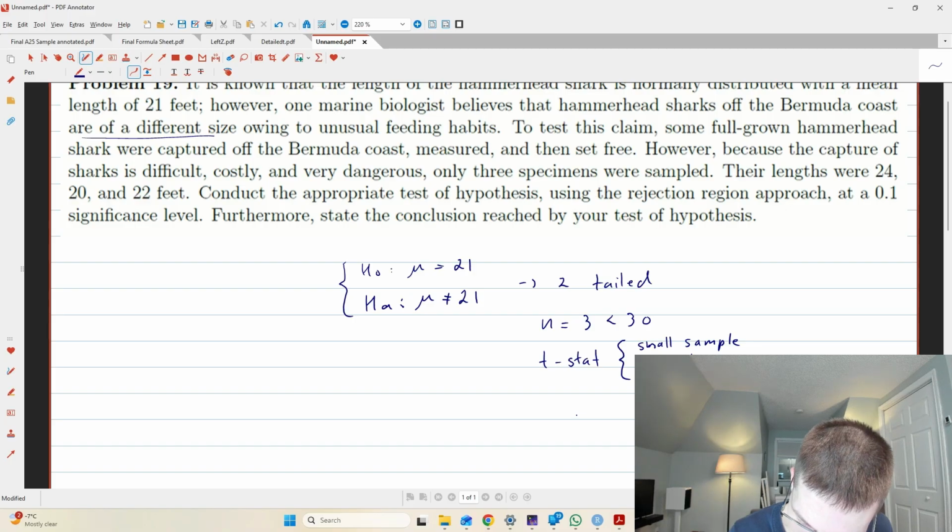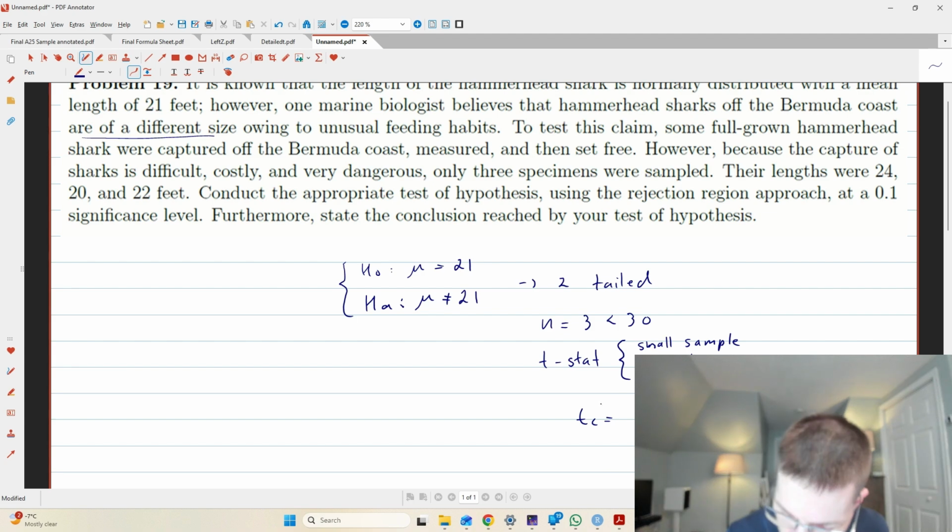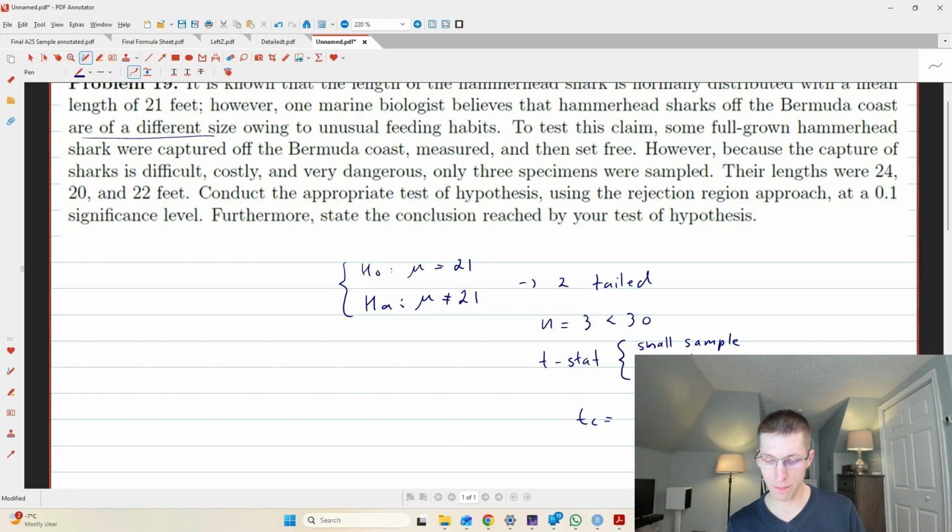So here we've got TC. Sometimes I see for the computed or the test value, it is x bar minus mu, and I also sometimes write the mu naught to indicate that's the hypothesized mean, over s over root n, with n minus 1 degrees of freedom.